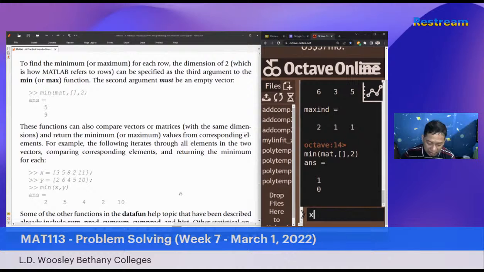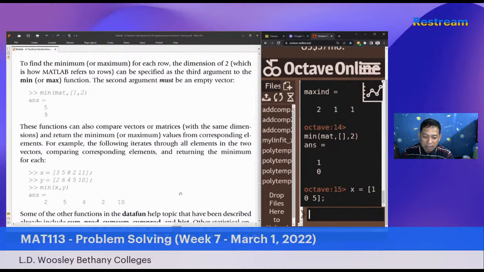For instance, if we have x equal to, say, another 1 0 5, and then you have y equal to 0 0 1, 0 1, say 4. Yan.